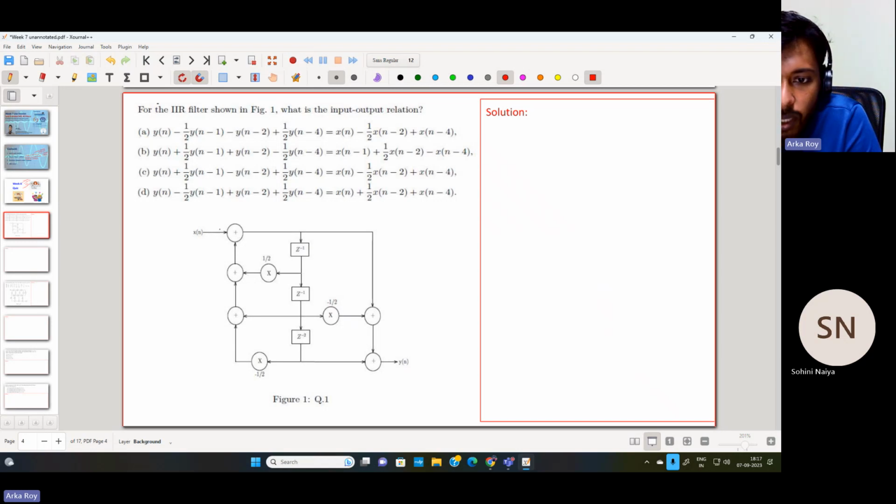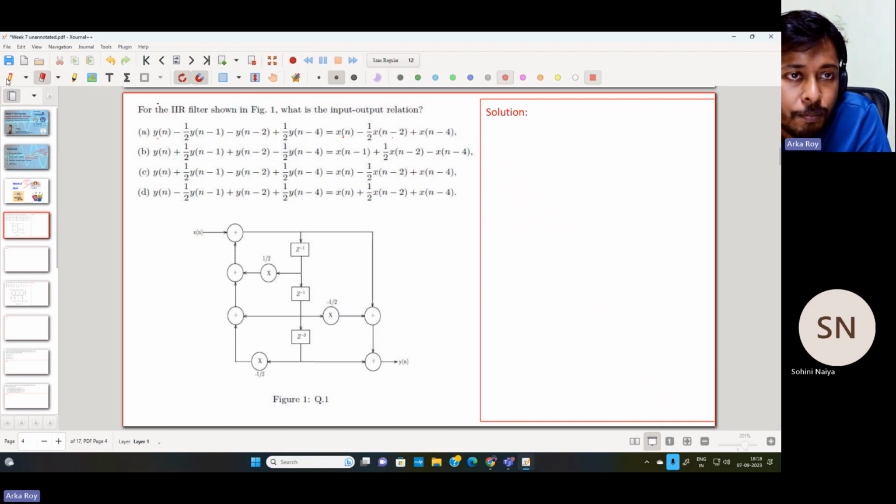Why? Because the output is related to the current input and also to the past versions of the output itself. As the past versions of the outputs are incorporated, we can say that this filter has an infinite impulse response.